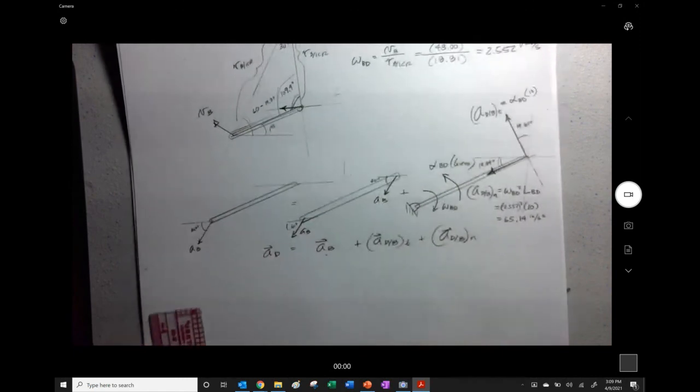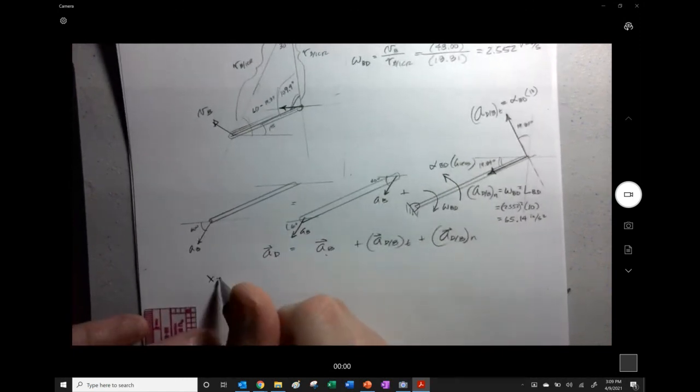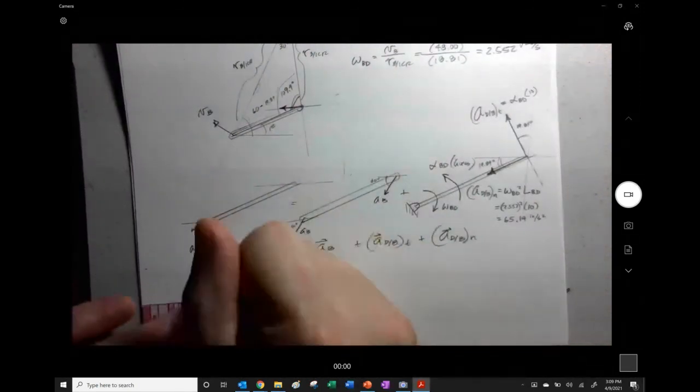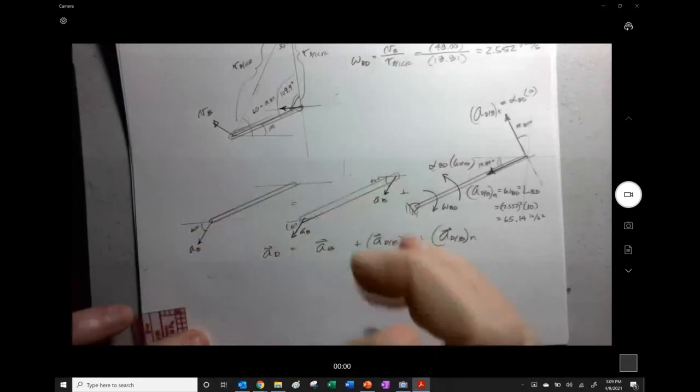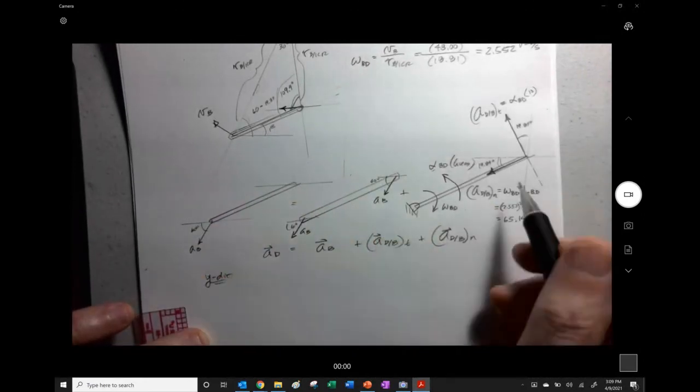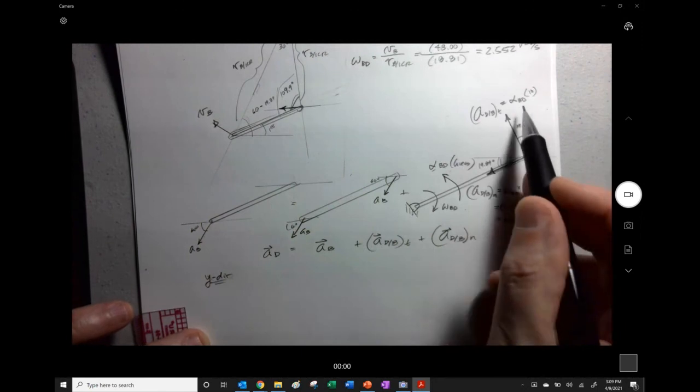And so now I'm ready to go to my X direction. Well, once again, we have a situation where we have 0 in the Y direction, so we should probably start with the Y direction first. That's going to allow us to figure out what that alpha is going to be.